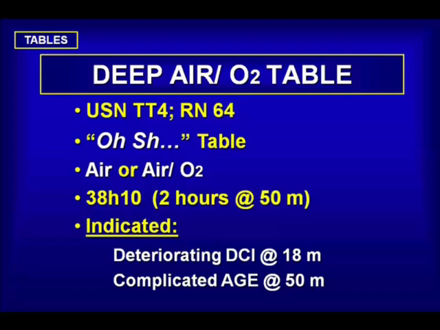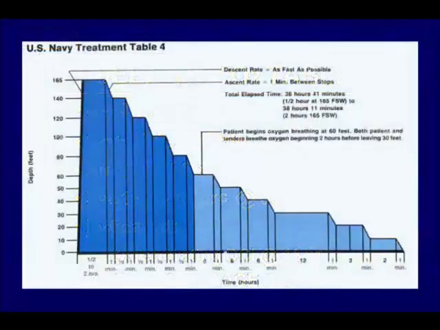Those situations are rare. Alternatively, this table may apply if someone has either complicated arterial gas embolism or where arterial gas embolism has developed in a diver that has significant nitrogen loads.